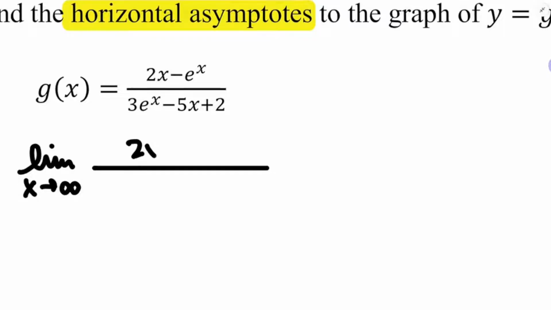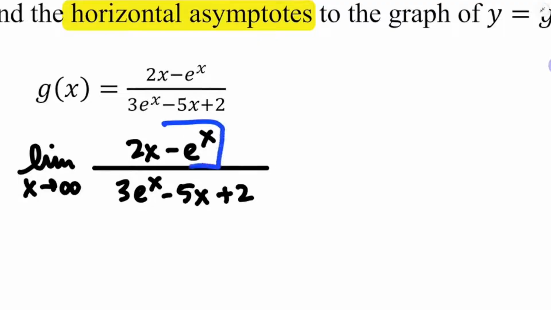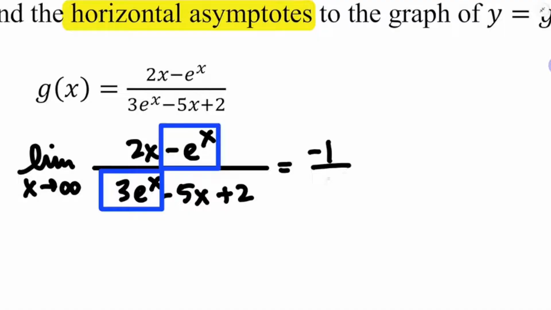So this limit, minus e to the x divided by 3 e to the x minus 5x plus 2. We're thinking about this thing here against that thing, and this is going to have a limit of negative 1/3 because we're dividing the leading coefficients. Because it's an exponential with the same base, it's growing at the same rate.